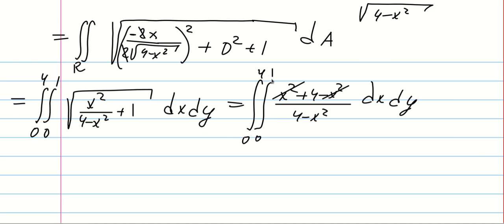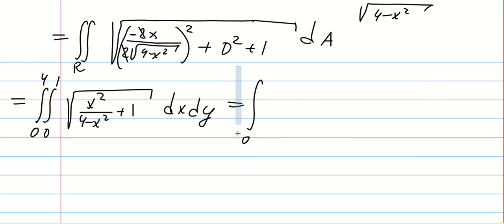Alright, I was looking at it, and I understood that I didn't really do it right, so let me redo it a little bit over here. I don't think I simplified well. So what do we get? Integral from 0 to 4, integral from 0 to 1.